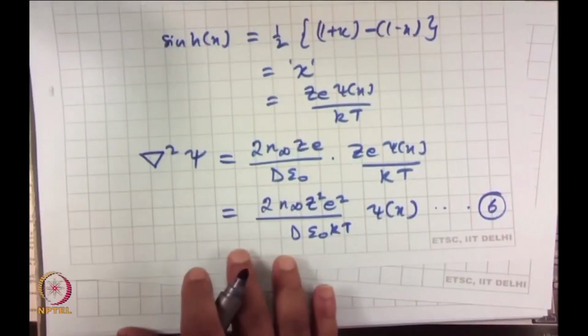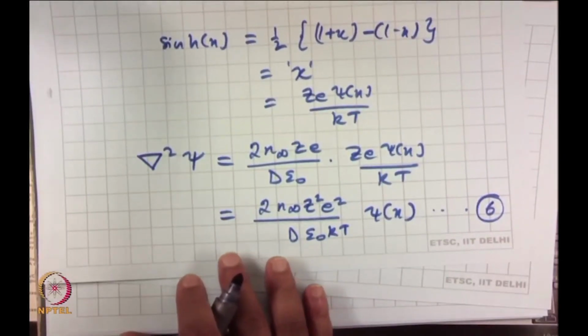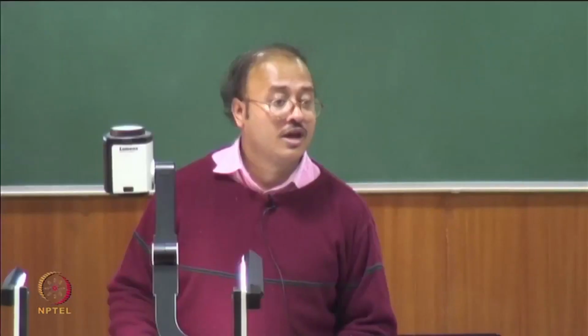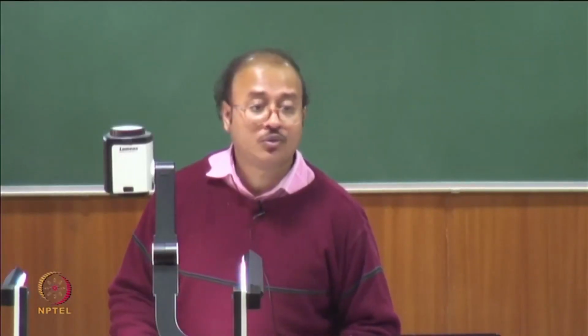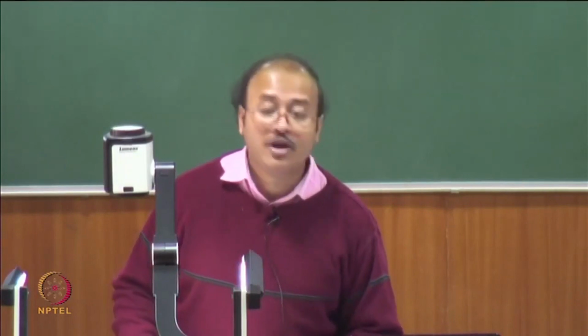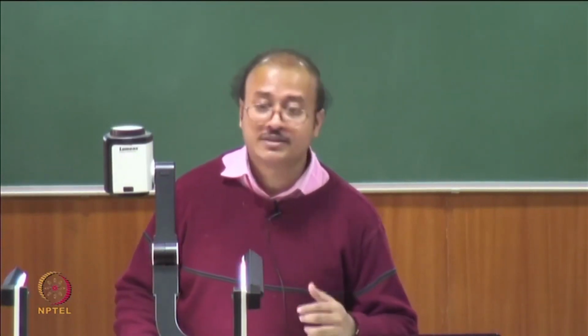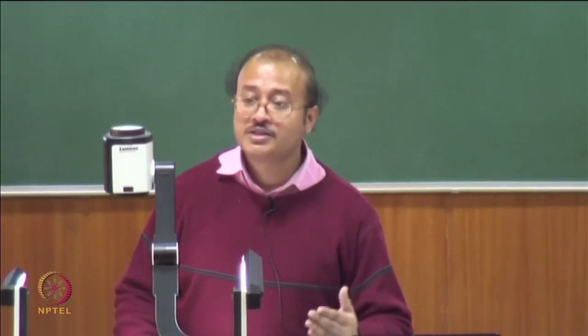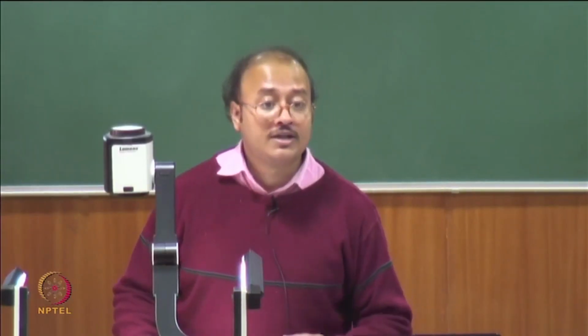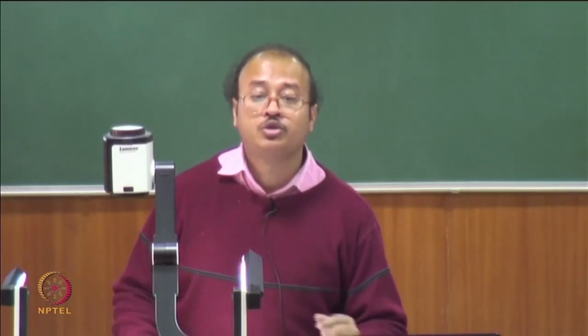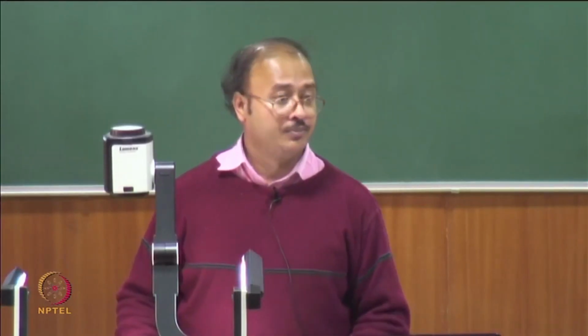So, what do you think is the major difference between equation 6 and equation 5? Equation 5, as we discussed just now, was a nonlinear equation and we had to solve it numerically. But now we made this assumption, right, that x is small, and if x is small, what I have done is we have transformed a nonlinear problem to what problem? A linear problem.